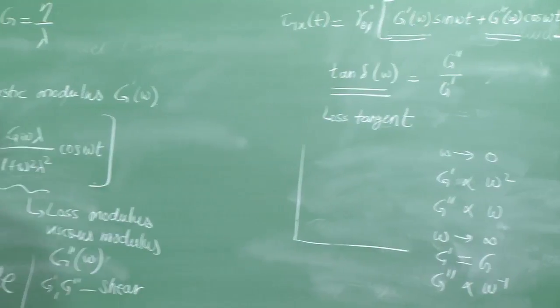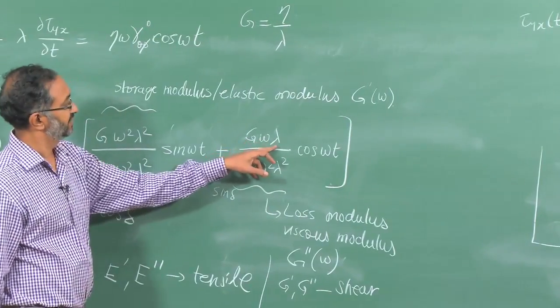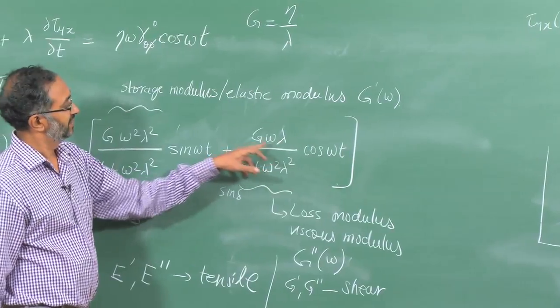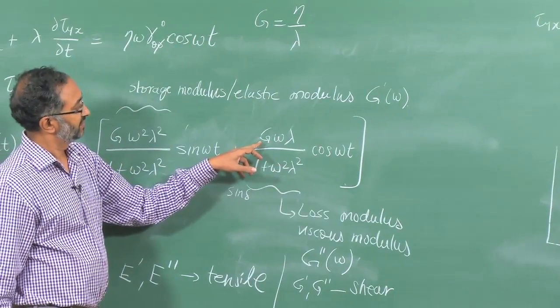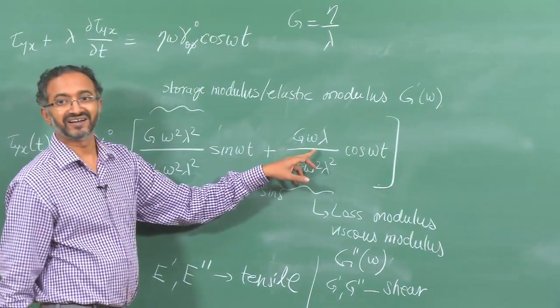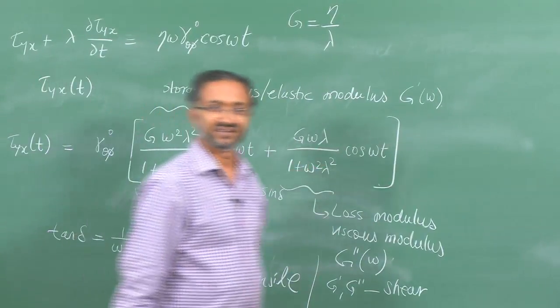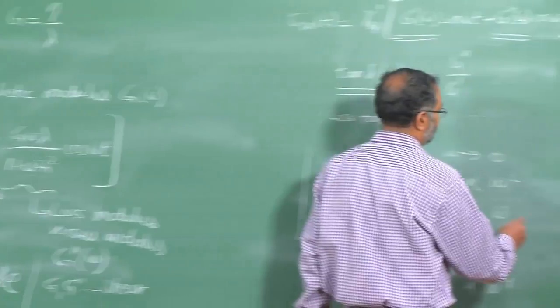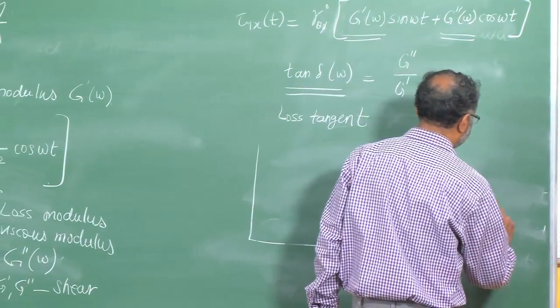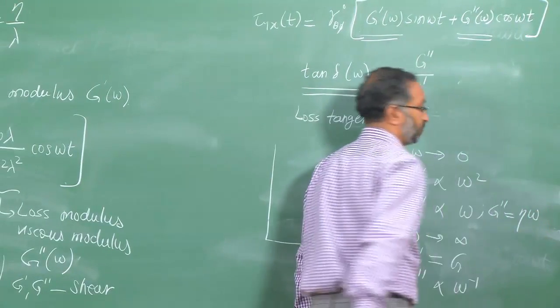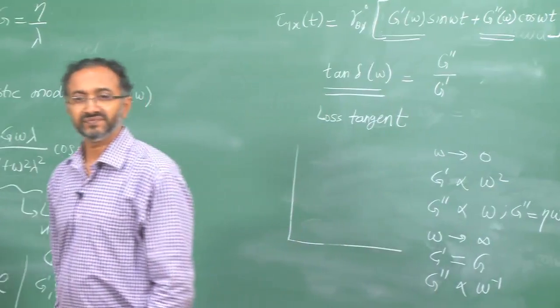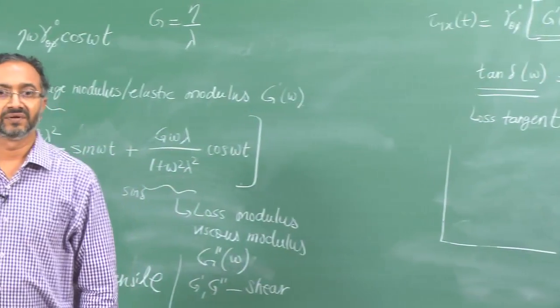What is G double prime? If you just look at this, it is eta times omega, right. In fact, if you write the expression, it is eta times omega. But if omega is constant, then all the parameters will be constant.